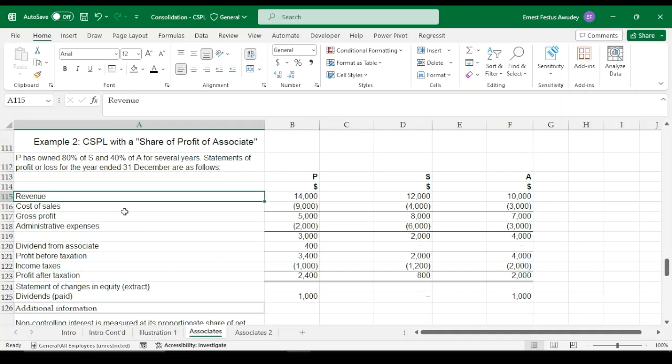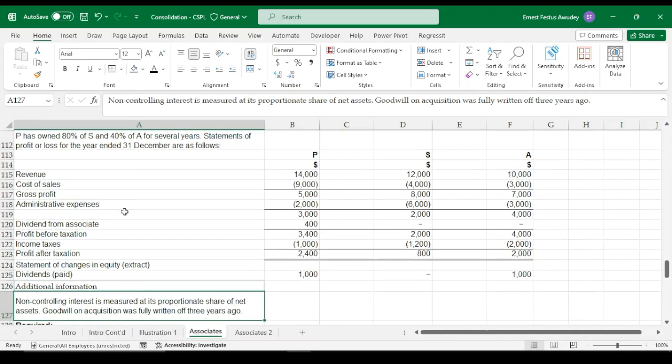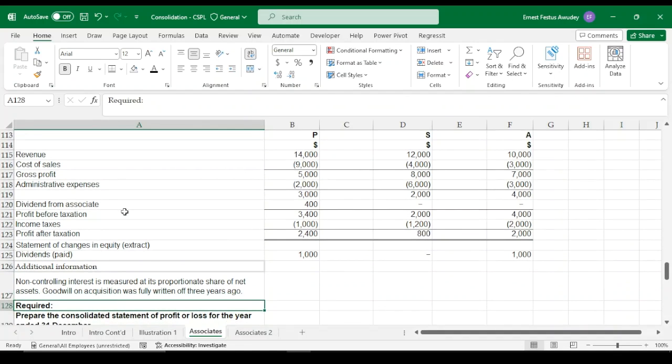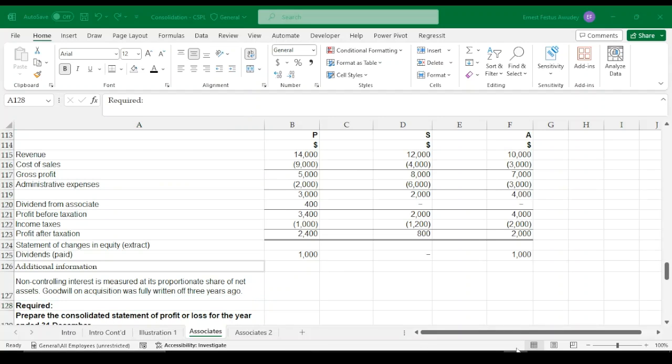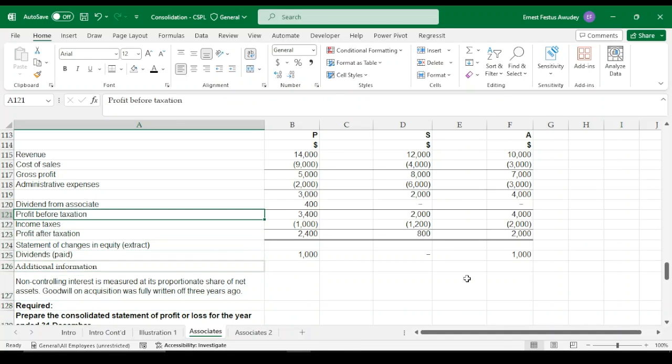Then we have their revenue, cost of sales, we have gross profits, administrative expenses, we have dividend from associates, we have profit from taxation. So we have profit before taxation, we have income taxes, profit after taxation.